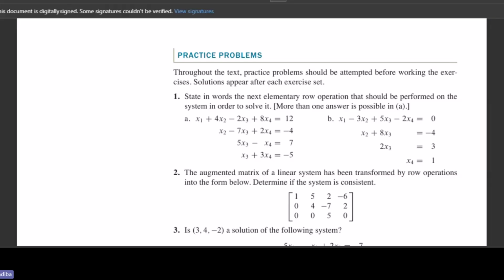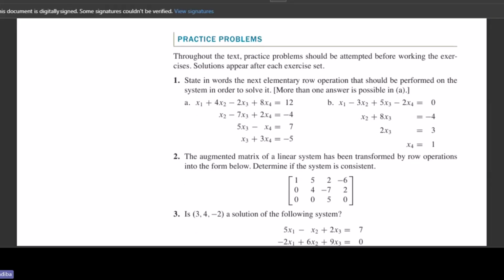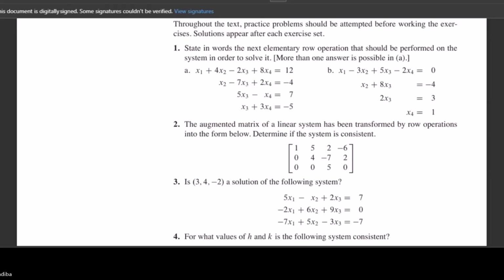Now, please, let's now look at number 3. Number 3 is saying, is 3, 4, minus 2 a solution of the following system? 5x1 minus x2 plus 2x3 equals 7.